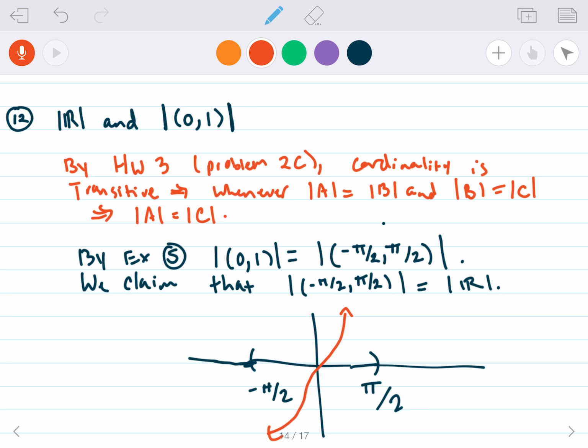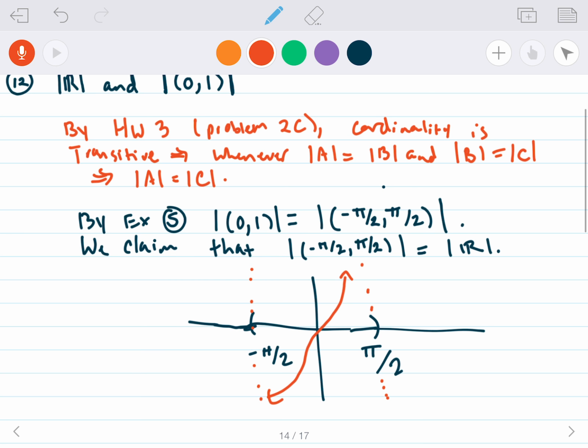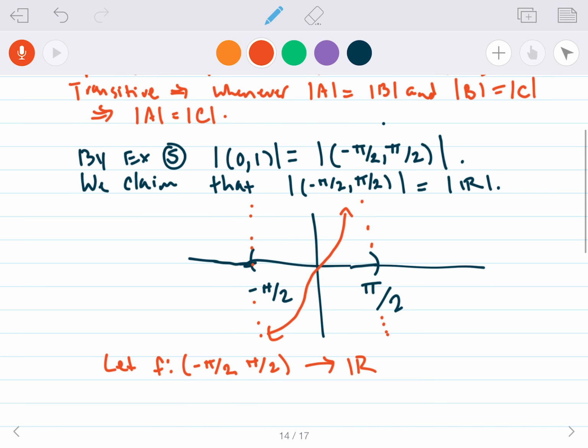And what does this remind you of? The tangent function, right? So this is the tangent function. So let f from negative pi over 2 to pi over 2 into the real numbers be defined by the tangent function. So we're going to send something in negative pi over 2 to pi over 2 to tangent of x.